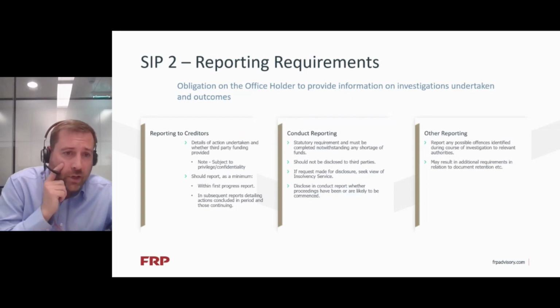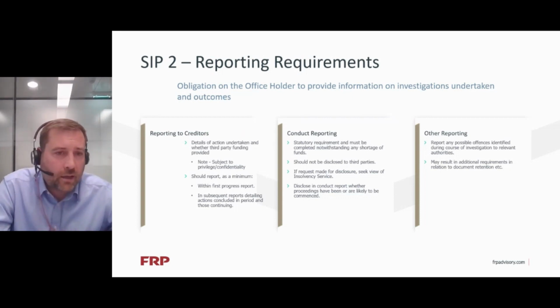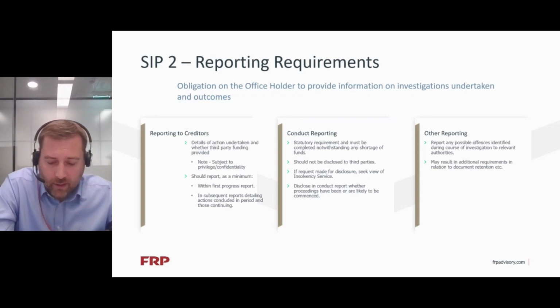That reporting is obviously subject to confidentiality and privilege if there are ongoing actions, but it should be reported to creditors as a minimum in the first progress report and any subsequent progress report where issues have been identified and progressed. We have a duty to submit our conduct report. That's a statutory requirement that must be completed in every case, notwithstanding any shortage of funds.